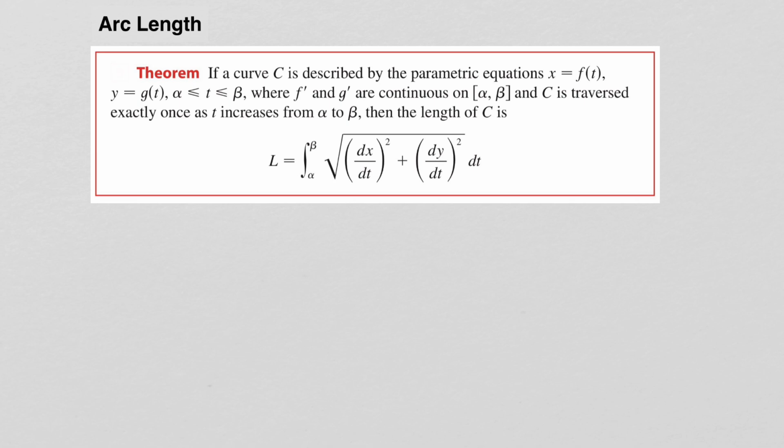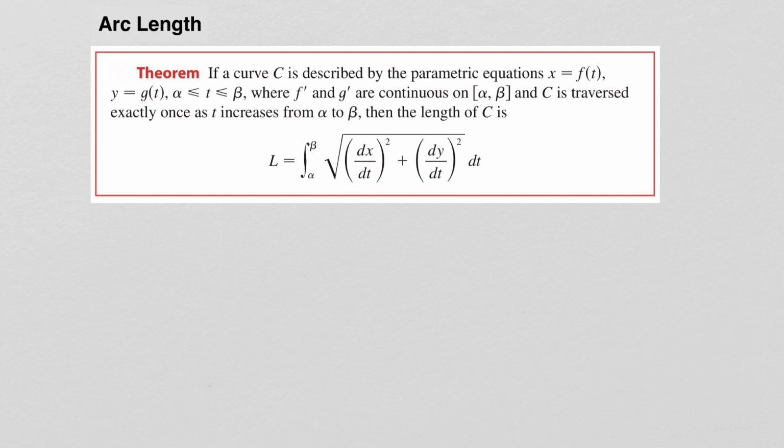And we do have to assume that the curve is traversed only once as t increases from alpha to beta. So if the curve is traversed multiple times, then this will not give you the arc length. It will give you a multiple of the arc length.